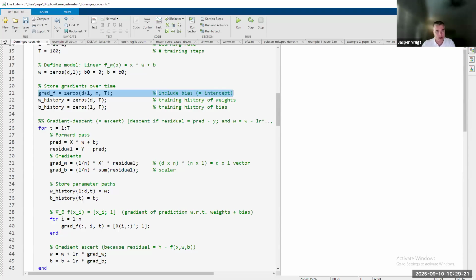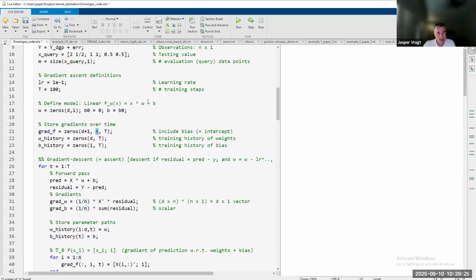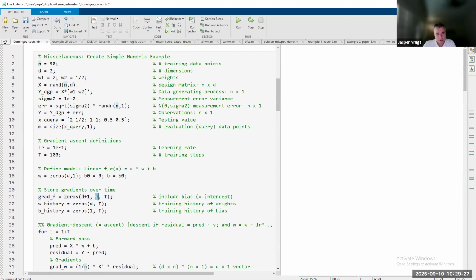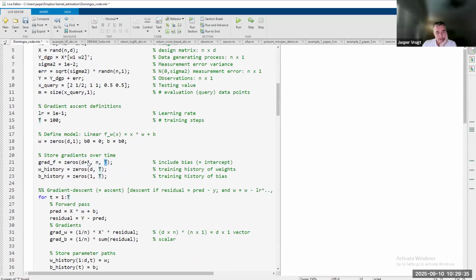Then I have n samples, so I need to do that for n samples. And then I have t training steps, a maximum of 100 steps. I did add a 3rd dimension to my gradient vector to make it all work, but that's constant. That's the value for the intercept, so it's going to be 0.